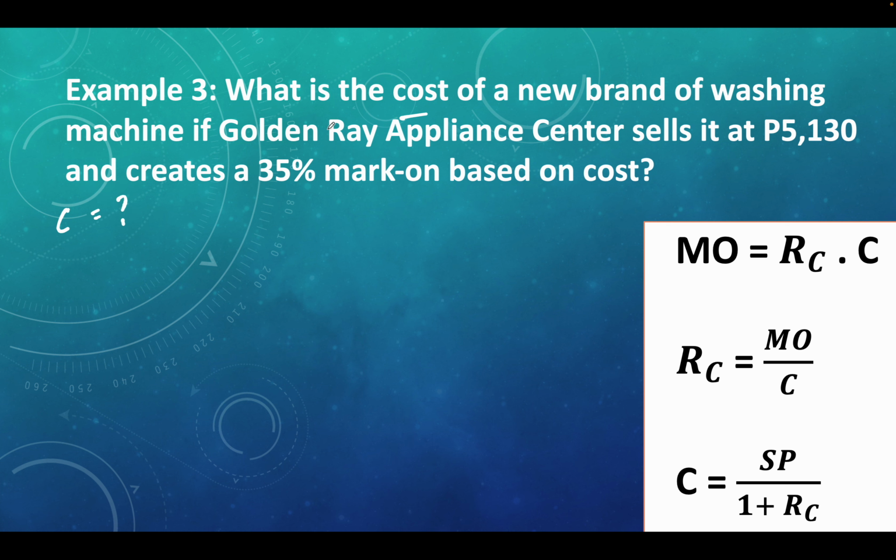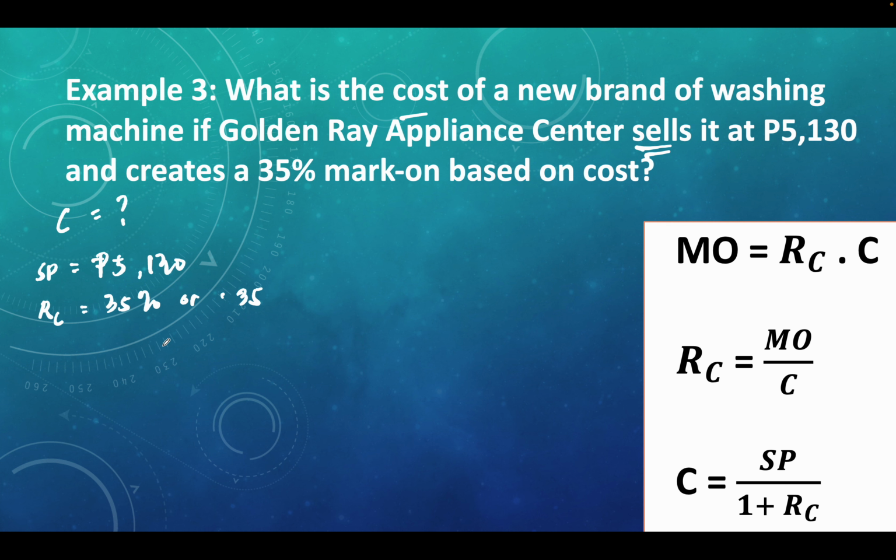And then, Golden Ray Appliance Center sells it for 5,130, so that will be the selling price, equal to 5,130, and it creates a 35% mark on based on cost. So the rate based on cost is equal to 35% or 0.35.